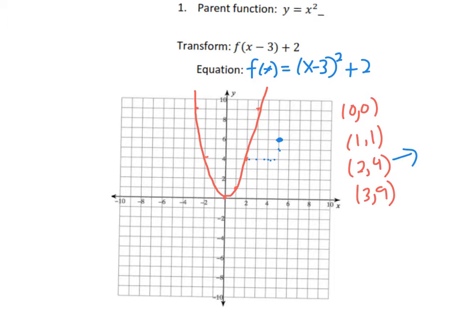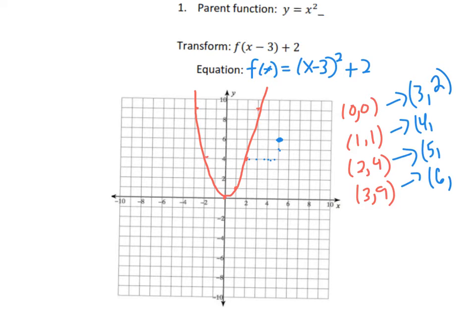But alternatively, you could do it point by point. So I'm adding 3 to each of the inputs. So this is going to be 3 plus 0, 3 plus 1, 3 plus 2, 3 plus 3. And for the outputs, we're going to be adding 2. So the original vertex is 0, 0, so that's now going to be 3, 2.